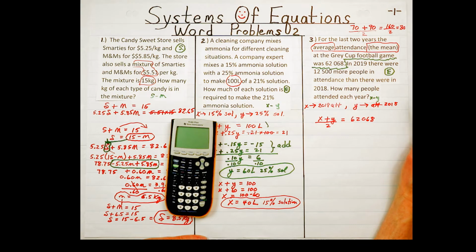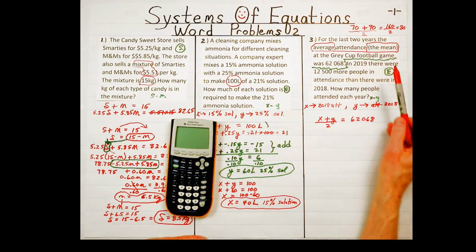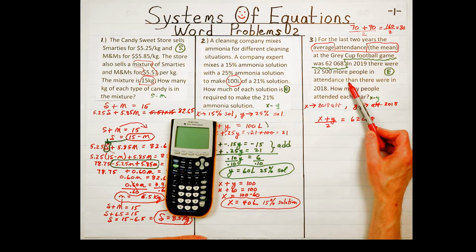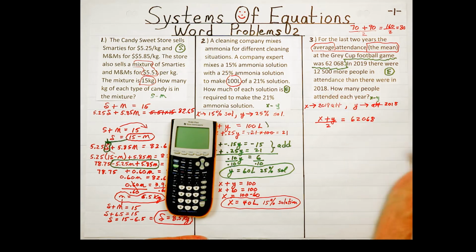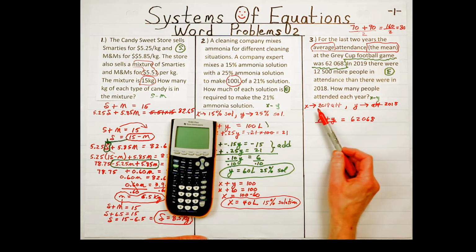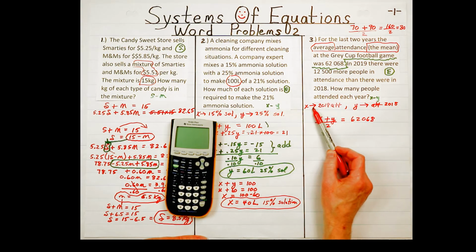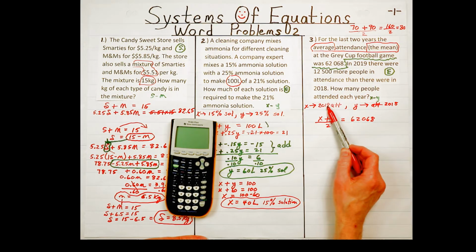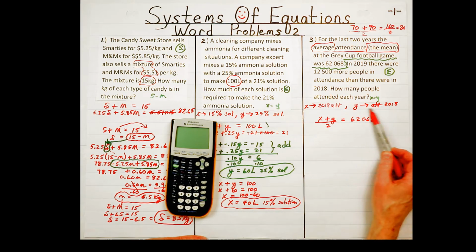Now, the next equation is: in 2019, there were 12,500 more people in attendance than in 2018. So we know 2019 is X because I stated it here. It's important, if you're using X and Y, to state what each one represents. Do that at the beginning.